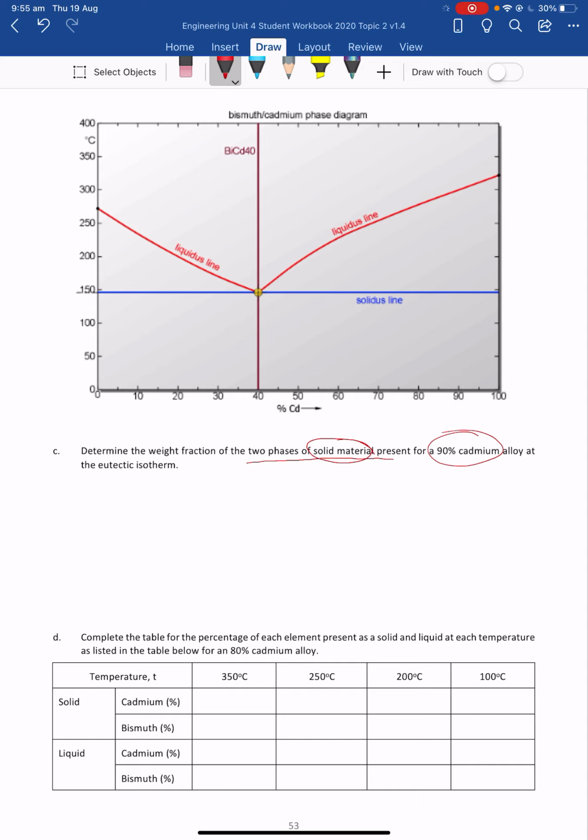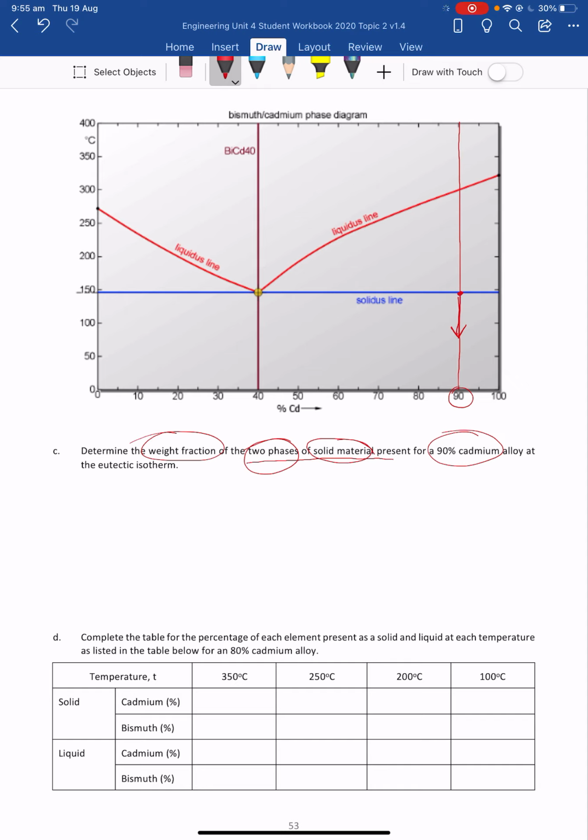So what we see here is the question is asking, if we were looking at this 90% line of composition, so 90% cadmium, when that material is completely solid, so anywhere below the solidus line, so anywhere down here, it doesn't matter where in the solidus line, they want to know what are the two phases and the weight fraction of the two phases of a solid.